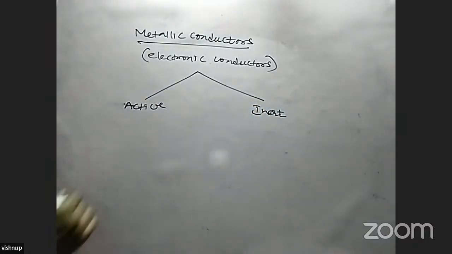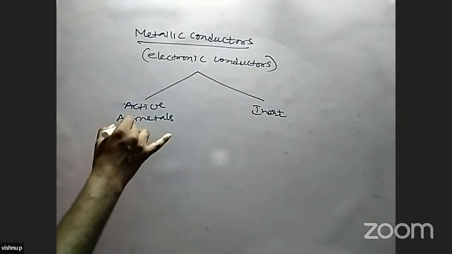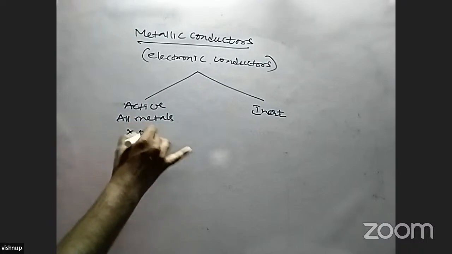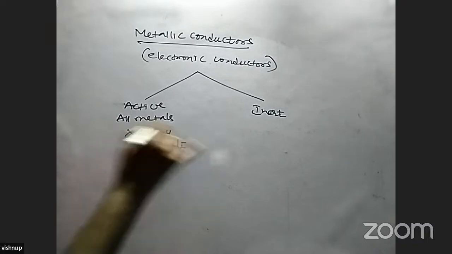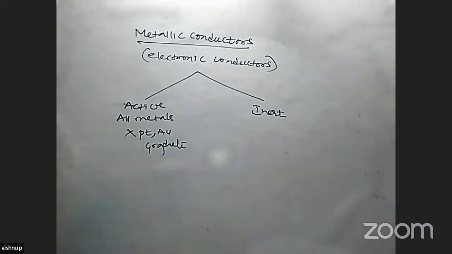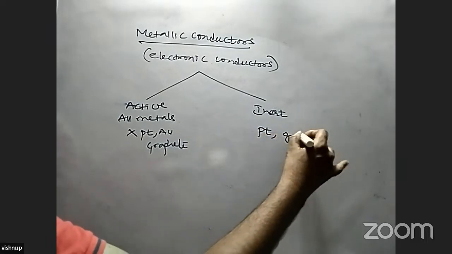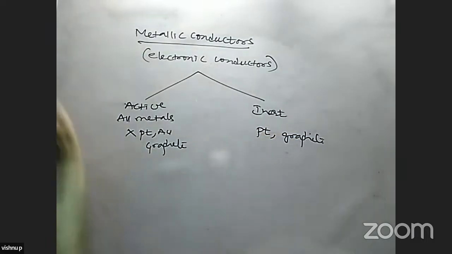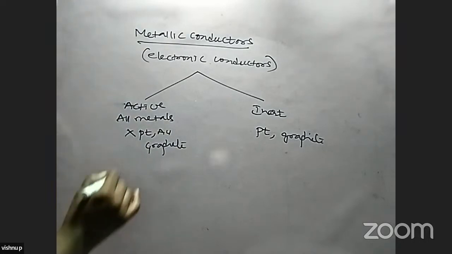Active electronic conductors means all metals are examples of active metallic conductors except platinum, gold, or graphite. These are the active electronic conductors which are involved in chemical reactions. Inert means platinum, graphite. These are examples of inert electronic conductors. And what are the factors influencing electronic conductors?